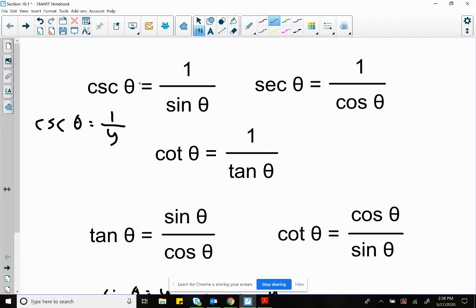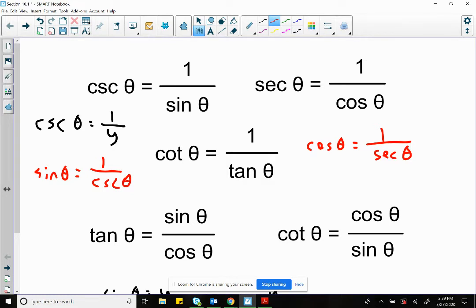Well, if cosecant theta is 1 over sine theta, then sine theta is also 1 over cosecant theta. Secant theta is 1 over cosine theta. So if I talk about cosine theta, we know that it is 1 over secant theta.